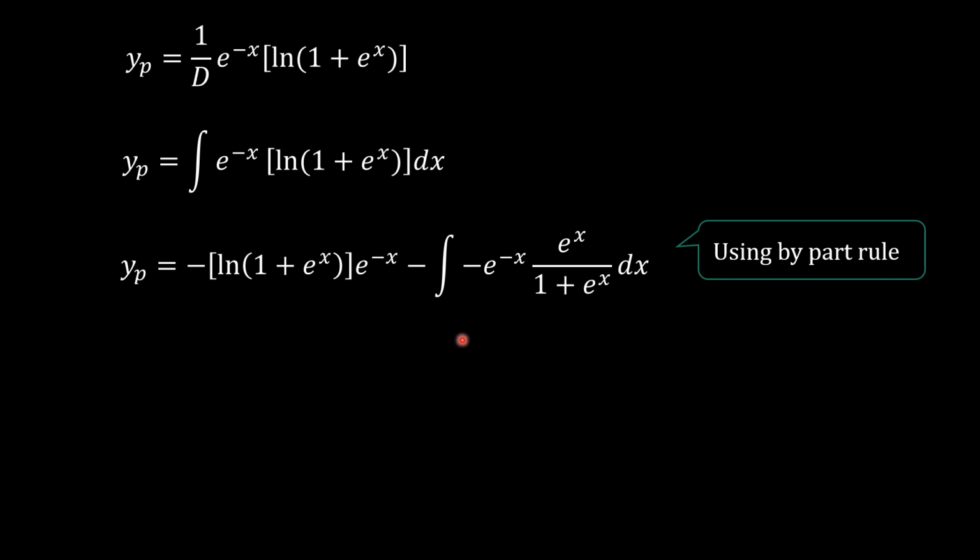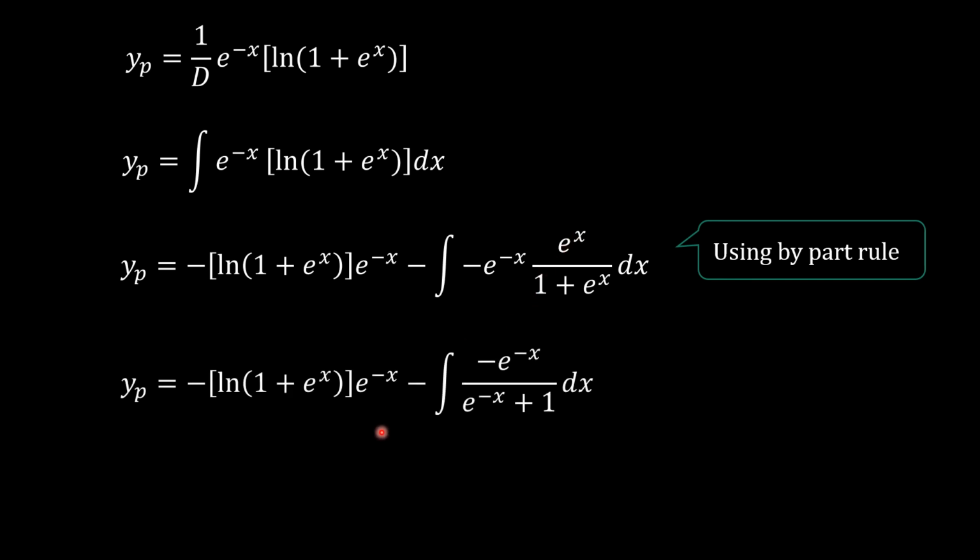Now simplify this second integration. Take e^x common, that e^x will get cancelled, and we are left with the first term as it is, minus e^(-x)/(e^(-x) + 1).